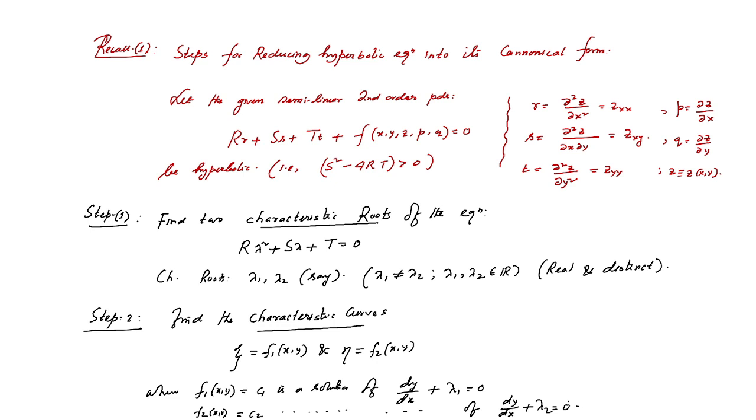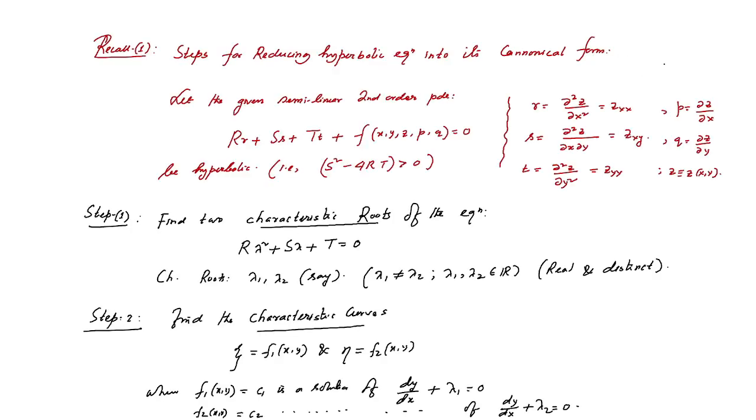Now we'll come to step 3. When এটা হয়ে গেল, then তোমরা step 3 তে move করবে. Step 3 is find p, q, r, s and t in terms of xi and eta, and put in the equation 1.